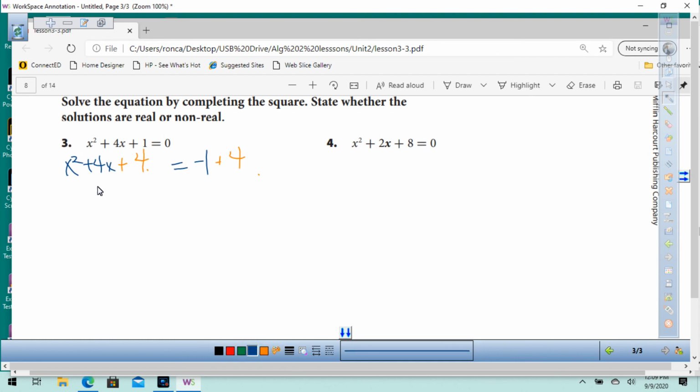Then x plus b over 2 squared equals, and that's going to give us 3. b over 2, that would be 4 divided by 2, which is 2.